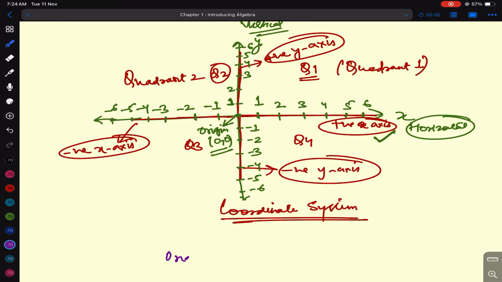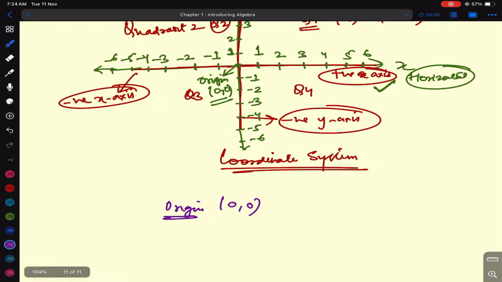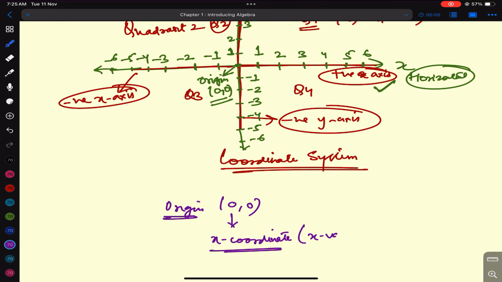Now when I talked about origin, which was 0 0, I mentioned that the first 0 corresponds to the x coordinate of the point, or the x coordinate of the origin, or the x value of the point. Similarly, the other 0 indicates the y coordinate.